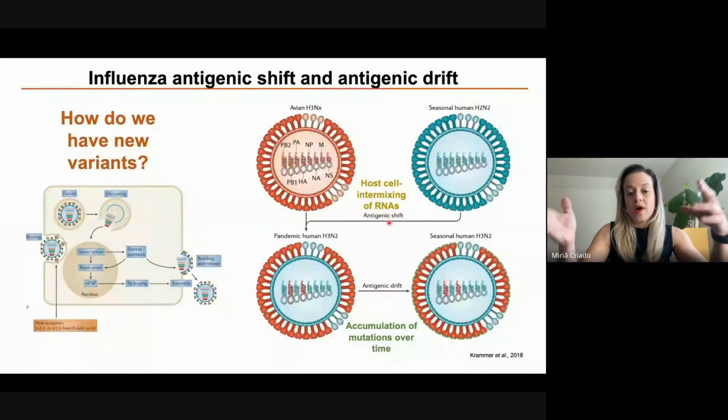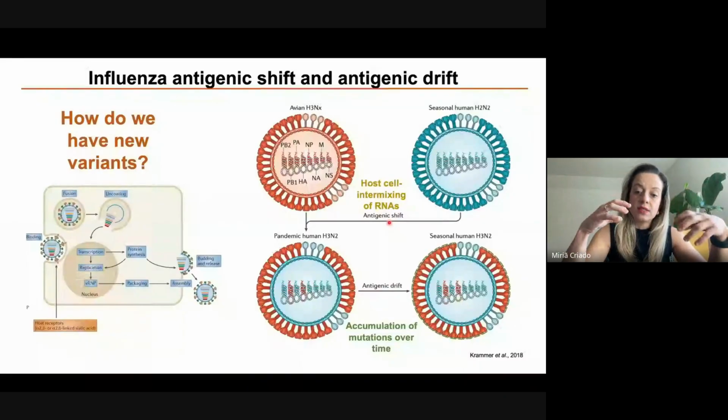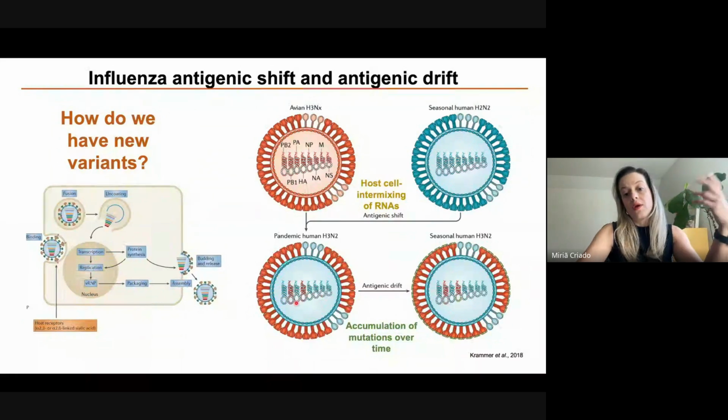For example, if you have 2 different viruses infecting the same host, during the replication process they can generate a virus with an intermix of the RNAs and create a different virus, which can be a pandemic virus. And what is most common is influenza accumulating mutations over time, especially in the surface proteins.